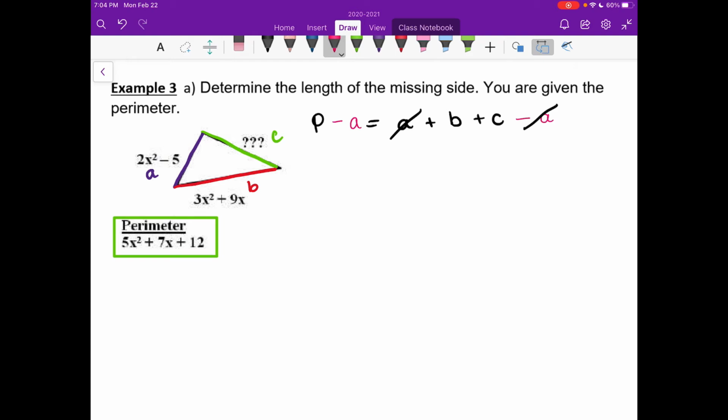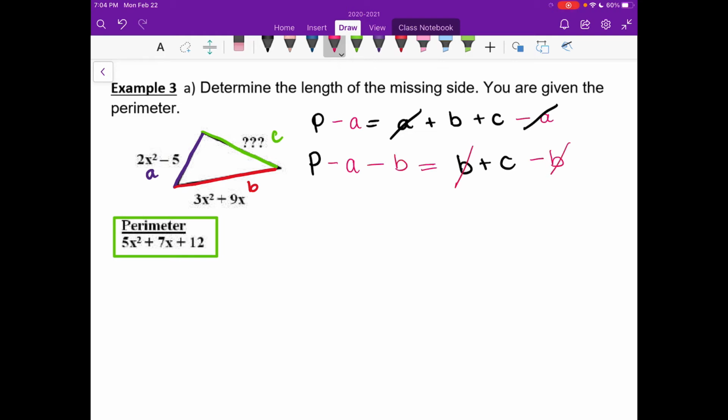With P, we have the minus A is equal to, we're left over with B plus C, and we want to get C on its own, so we want to get rid of the B. So minus B over here, right?